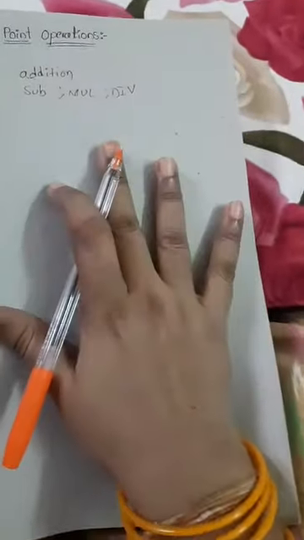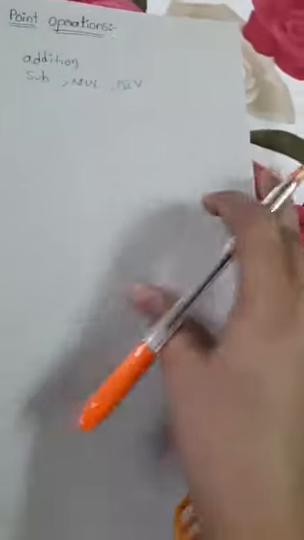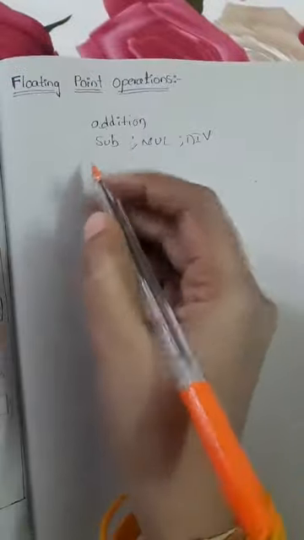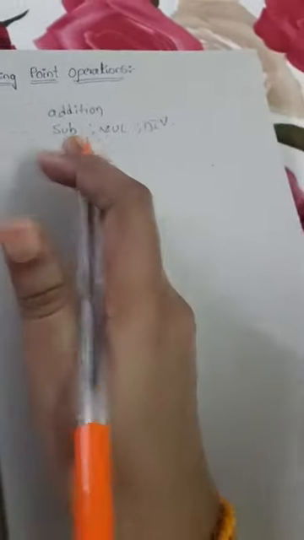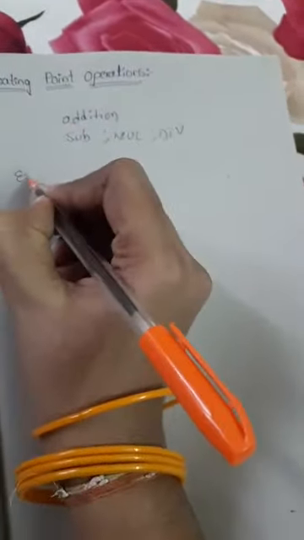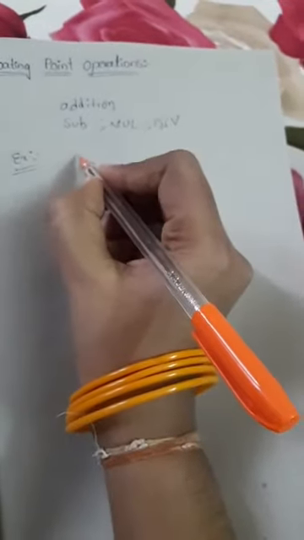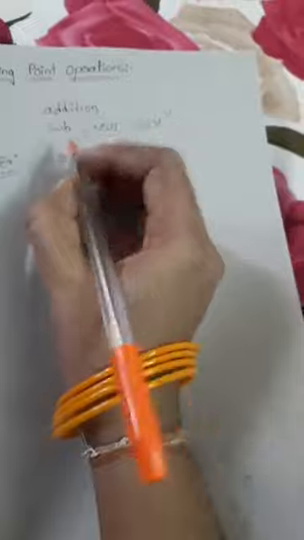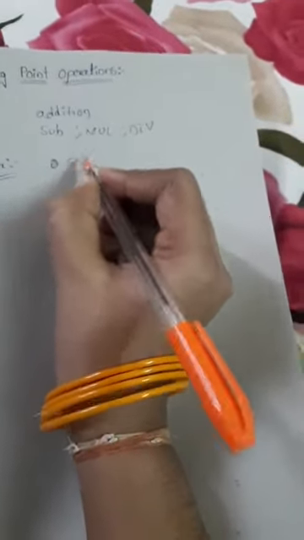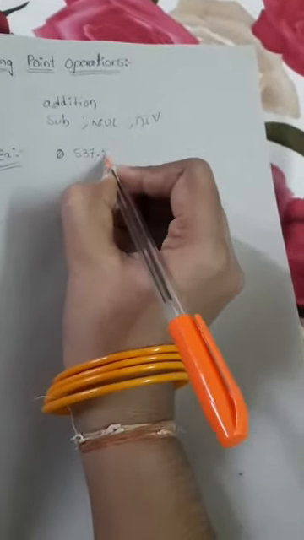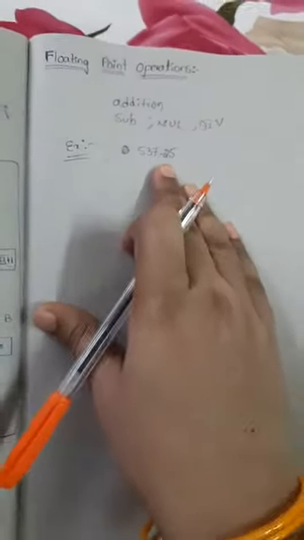Let us see this explanation with one example. Let us take a number with a fractional value, 537.25. I am taking this fractional number as our example.